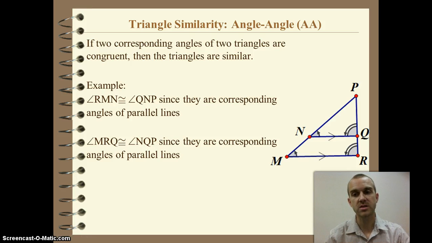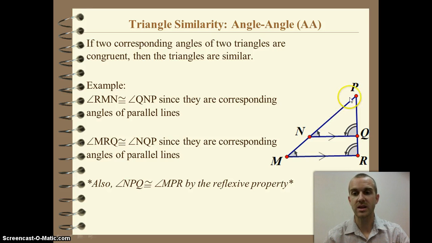However, we could have also used the fact instead of just having angle P, because NPQ and MPR, that's a reflexive angle. It's still angle P. So by AA, we know that triangle PNQ is similar to PMR.